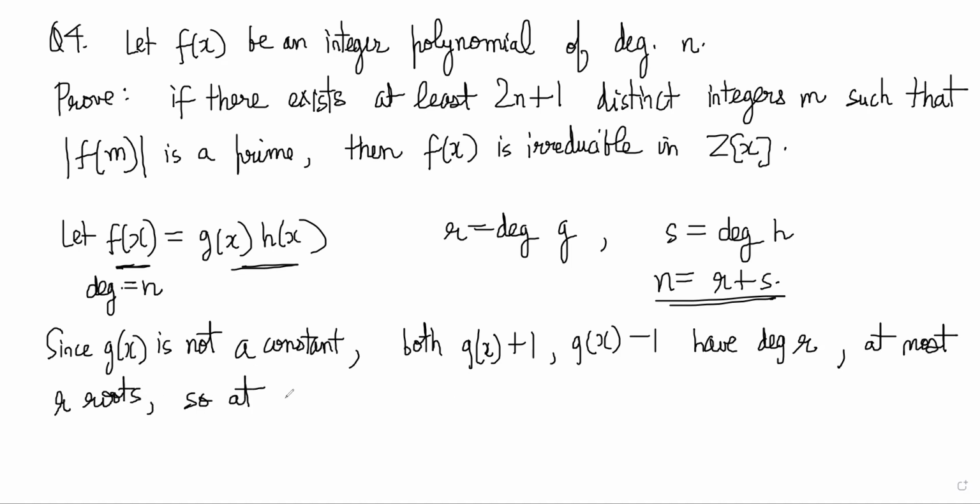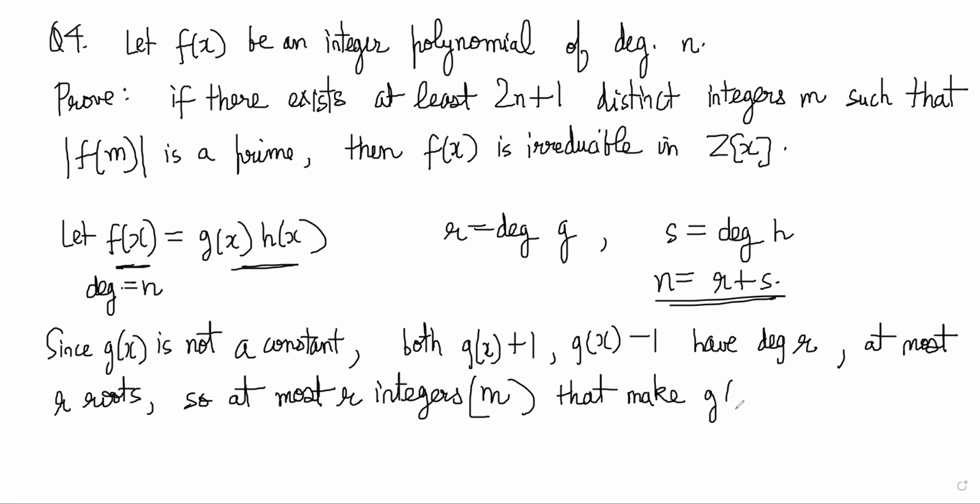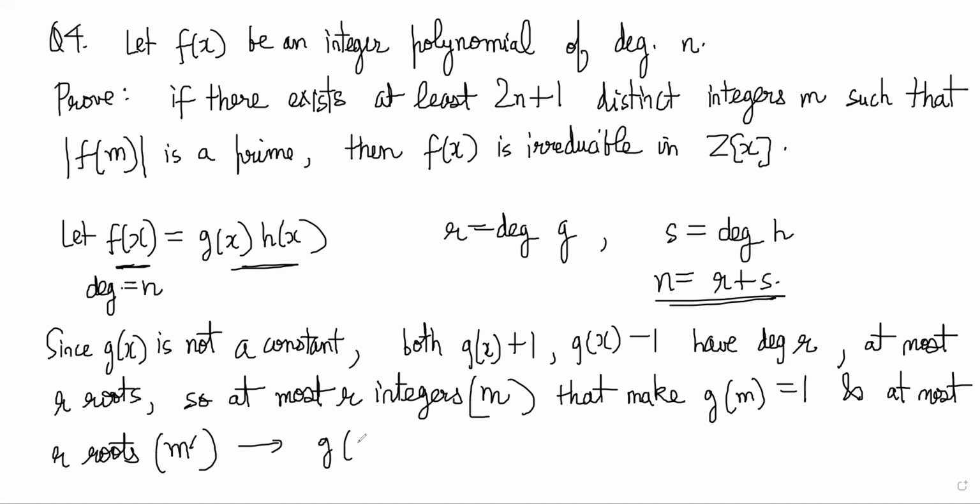So at most r integers, let's call those integers m, that make g of m equal to 1, and similarly at most r roots m dash, which make g of m dash equal to -1, right?